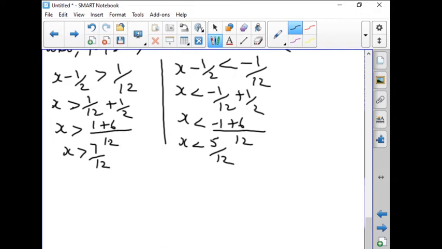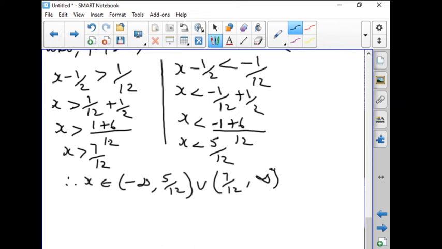So, we have seen in the concept, second subdivision A, that x belongs to the open interval minus infinity comma r union r comma infinity. Therefore, here x belongs to minus infinity comma 5 by 12 union 7 by 12 comma infinity.